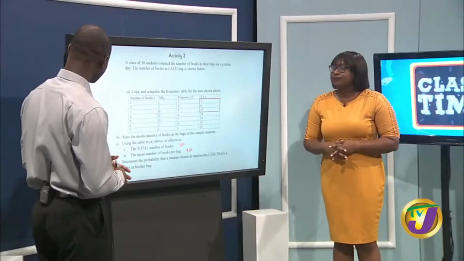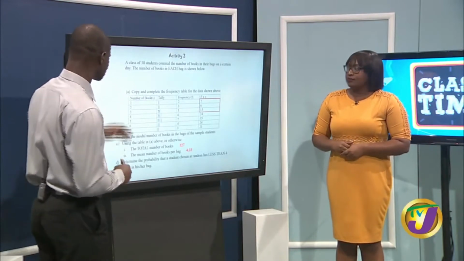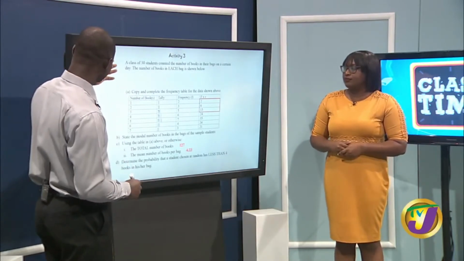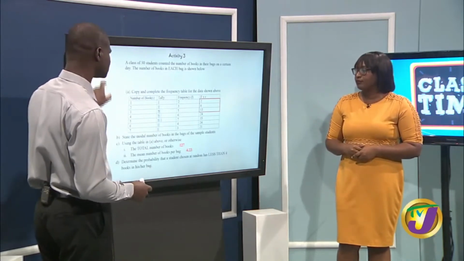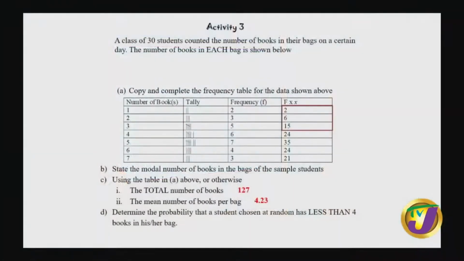So how are we going to go about this one? Well, in our table here, we are seeing the number of books. The number of books less than 4 would be 1, 2, and 3, obviously. So how many students, based on our frequency, would have had less than 4 books in their bags? That means they had either 1, 2, or 3 books.